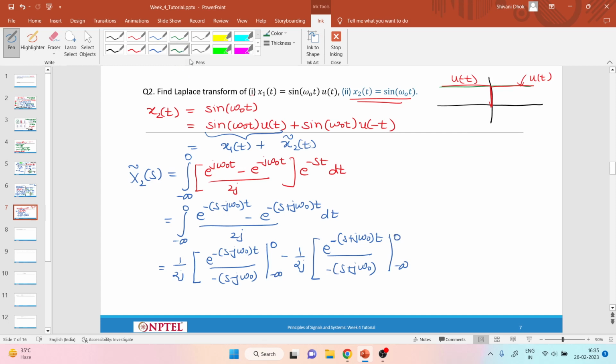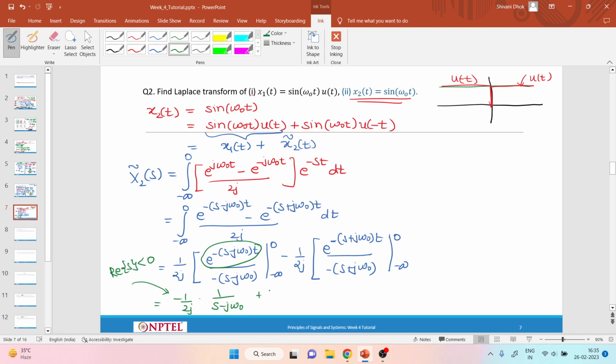Now this exponential, when my t is tending to minus infinity, will lead to 0 only when my real part of s is less than 0. So this will be equal to minus 1 by 2j into 1 upon s minus j omega naught, and this will converge only when my real part of s is less than 0.